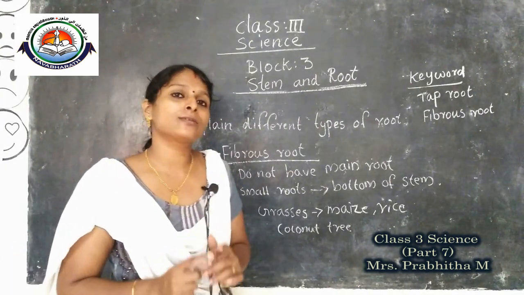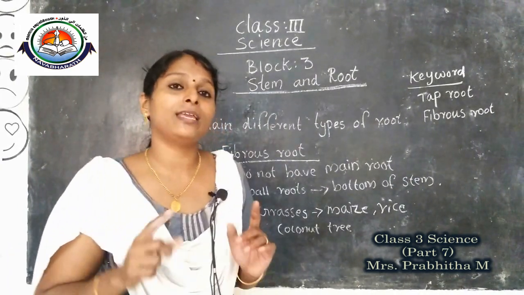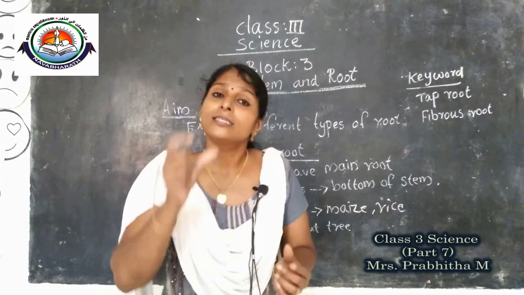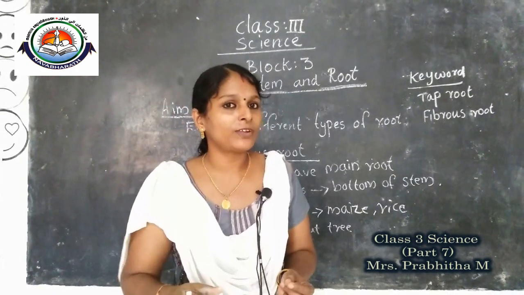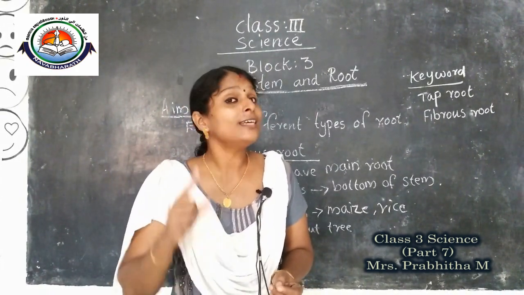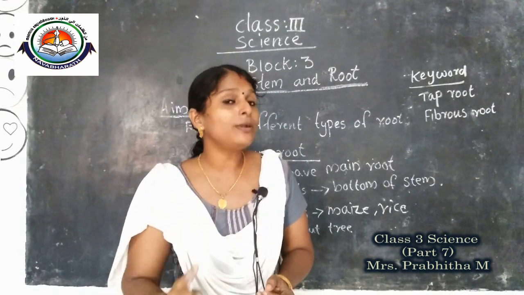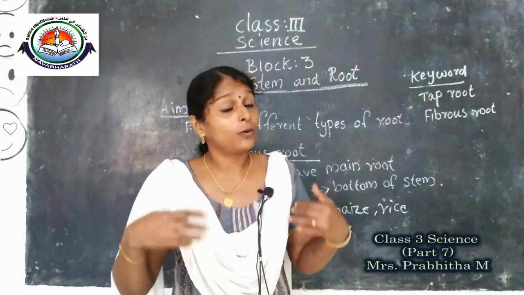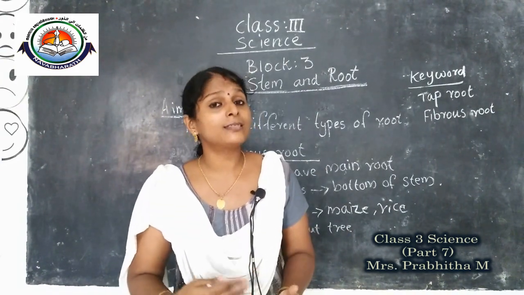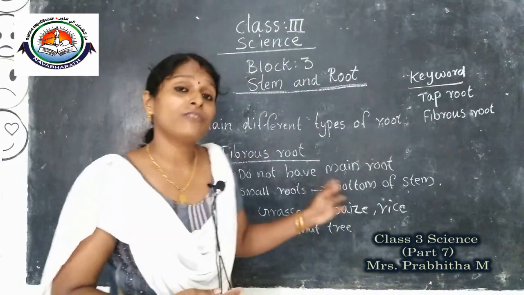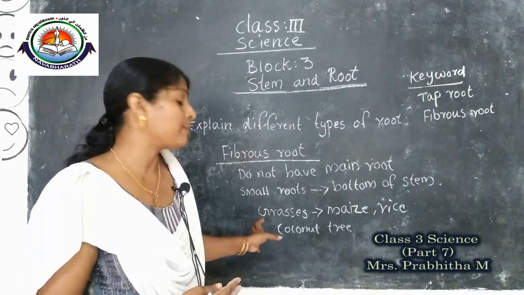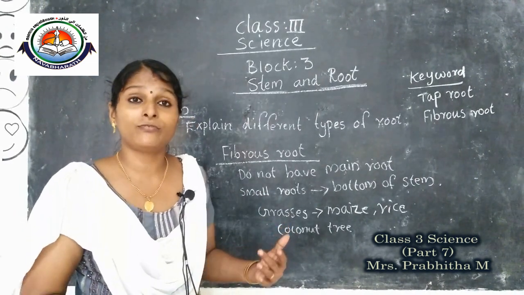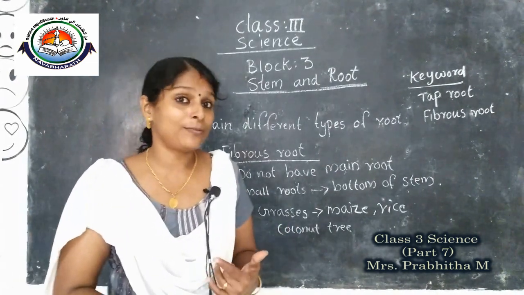Fibrous root does not have any main root and small roots are coming from the bottom of the stem. Examples: rice, maize, all the grasses, and the coconut tree also.